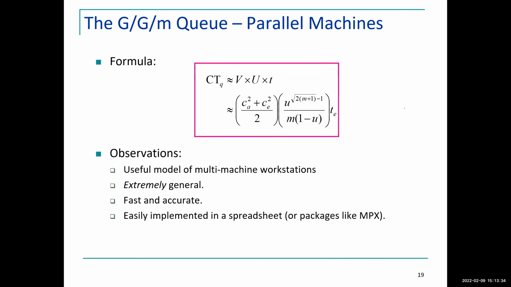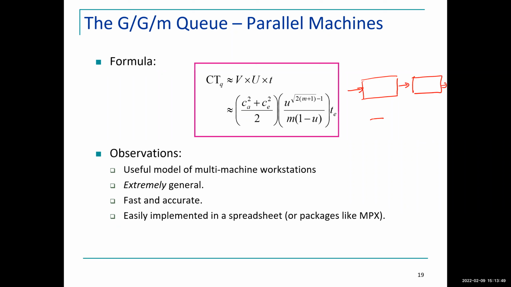So here's the same formula, but this is for the case in which you have more than one machine in the station. The analysis that we are making is based on single machines, right?